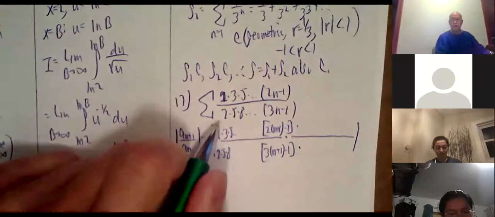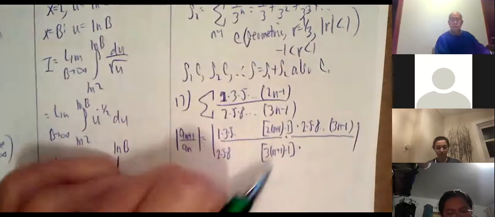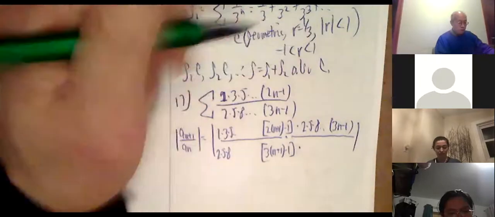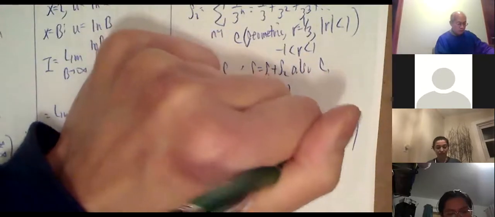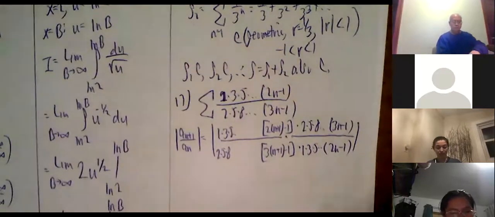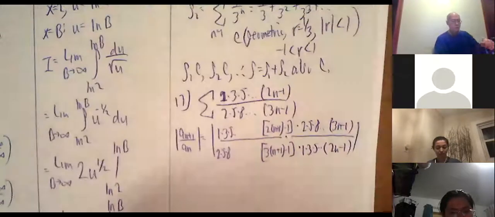Times, and then over here we just flip. 2 times 5 times 8 times dot, dot, dot, 3n minus 1, over 1 times 3 times 5 times dot, dot, dot, 2n minus 1.